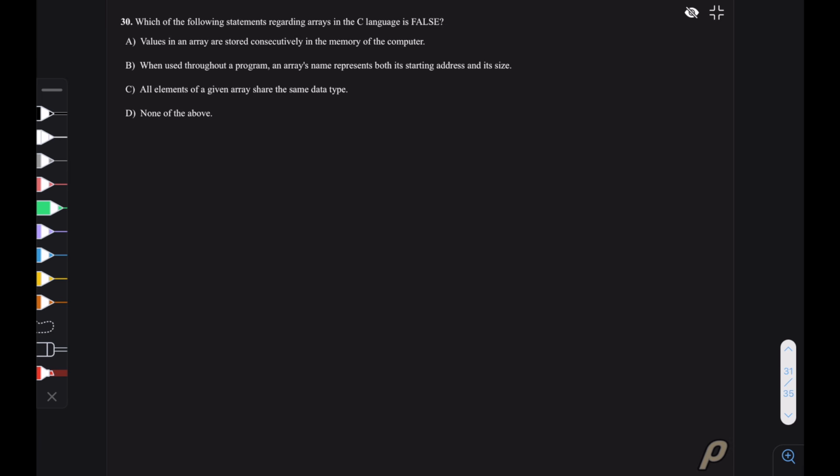All right, number 30, which of the following statements regarding arrays in the C language is false? A, values in an array are stored consecutively in the memory of a computer. This is true, so it's not a correct answer. Say this is our address of the array named X, and X of 0, then X of 1, if this is an integer, I think it's 4 bytes.